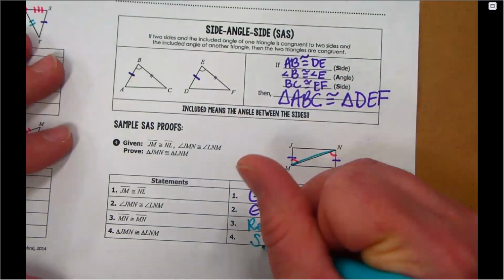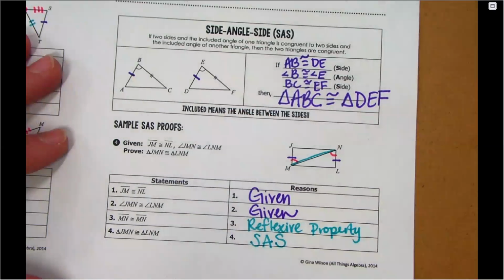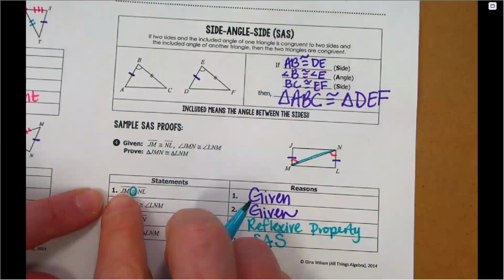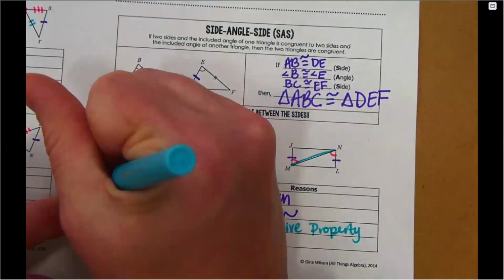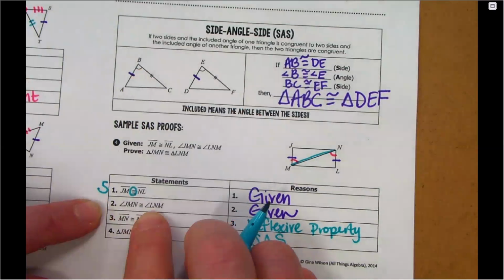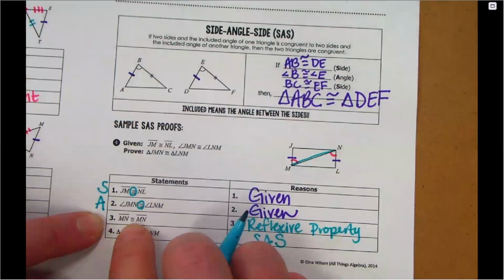S, A, S. Again, if you're confused, look at your statements. Look with me. This one is about a segment, which is a side. Number 2 is about an angle. And number 3 is about a side.